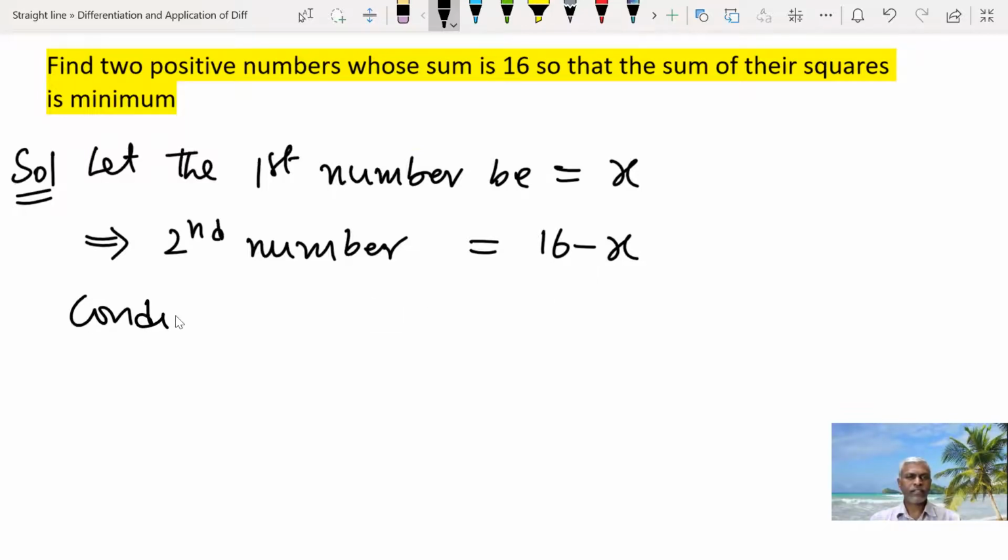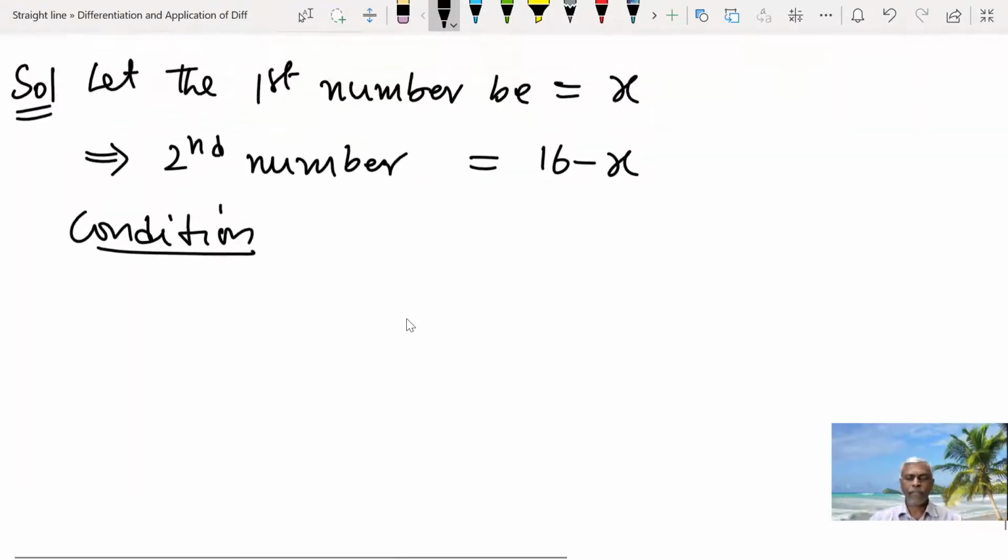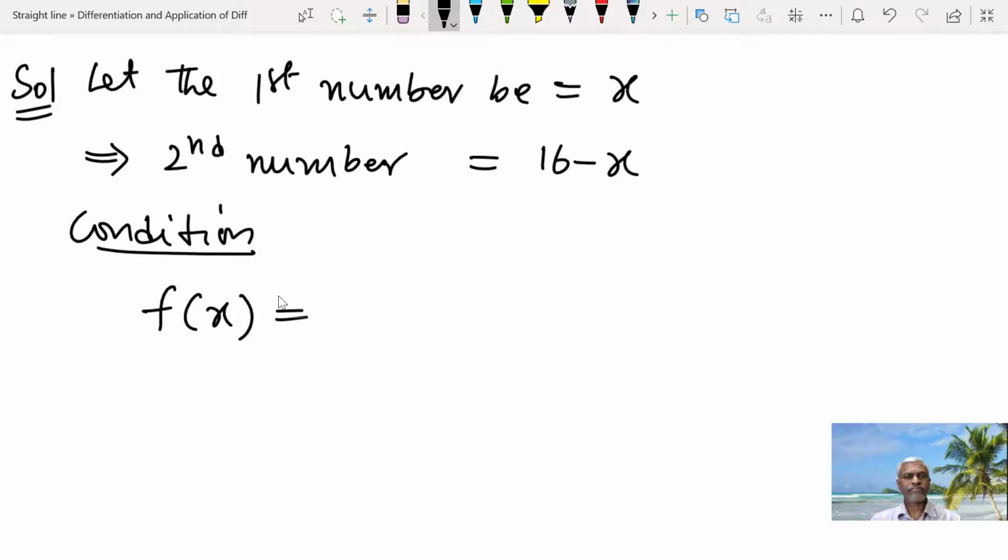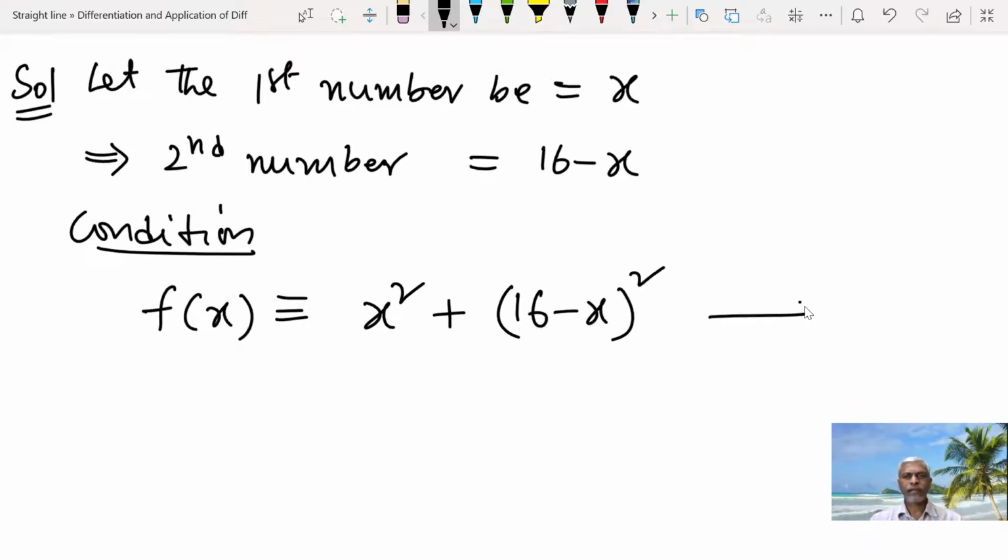Now the condition: sum of the squares should be minimum. So let the function be f of x, the sum of the squares, which should be minimum. Now differentiate with respect to x.